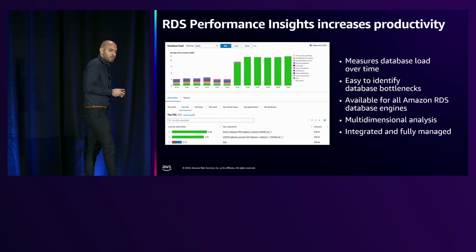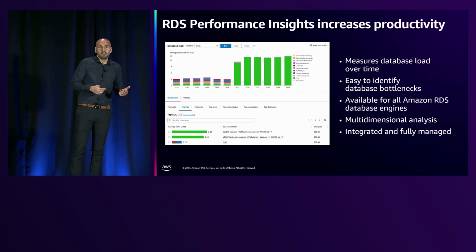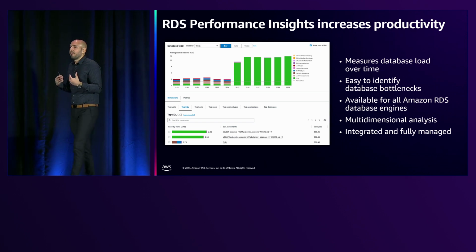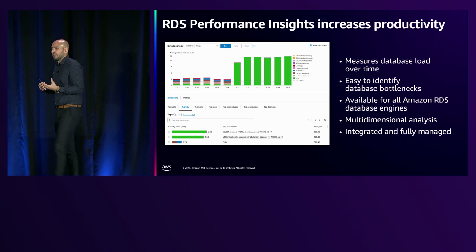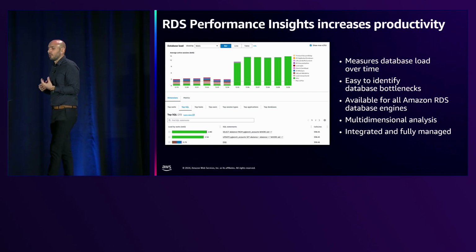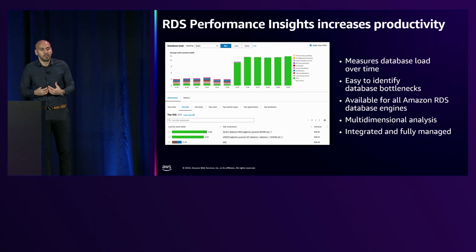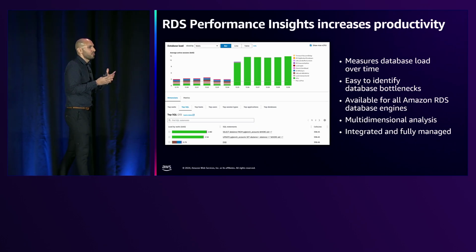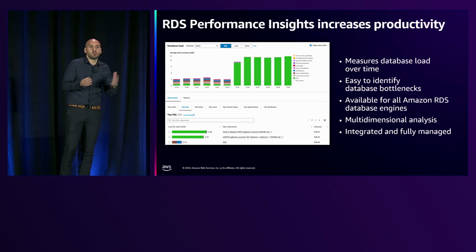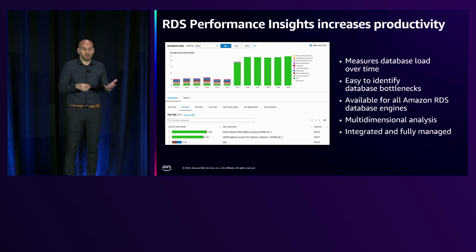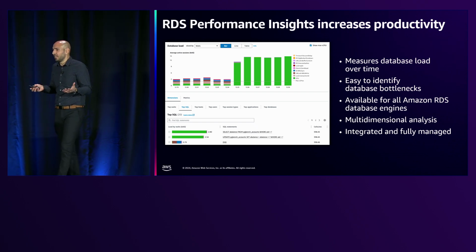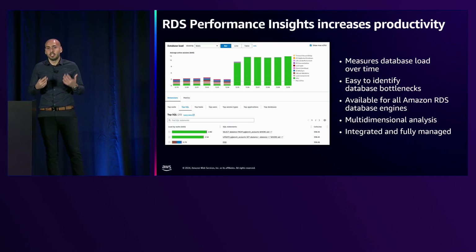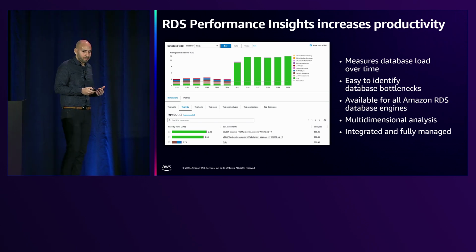And speaking of RDS Performance Insights, many of our customers told us they found it very effective and efficient to diagnose even the most complex database bottlenecks, because it helps you visualize, drill down, and slice and dice the activity by various dimensions, like wait events, SQL statements, application servers, etc. It supports all of the Amazon RDS engines. So this is a very useful tool that we typically recommend customers to enable.